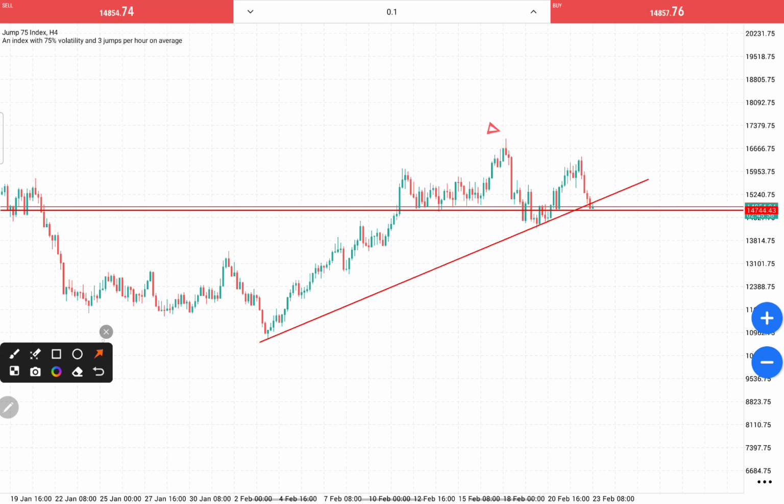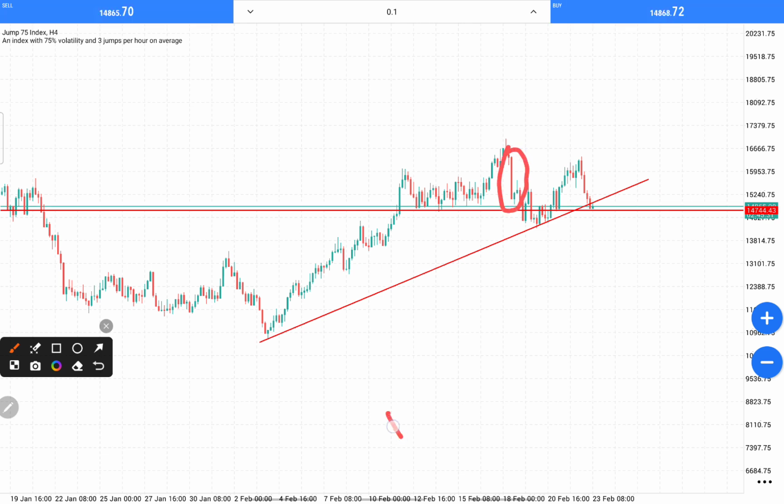You have gotten a weak rejection that shows that the sellers are rejecting the buying pressure, then followed by a bearish confirmation candle.